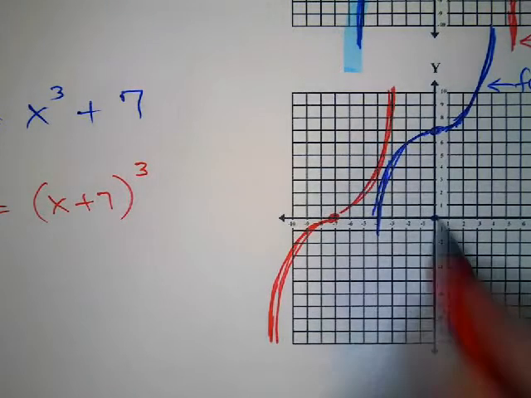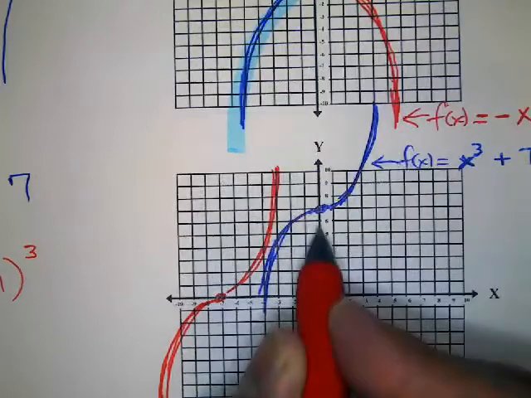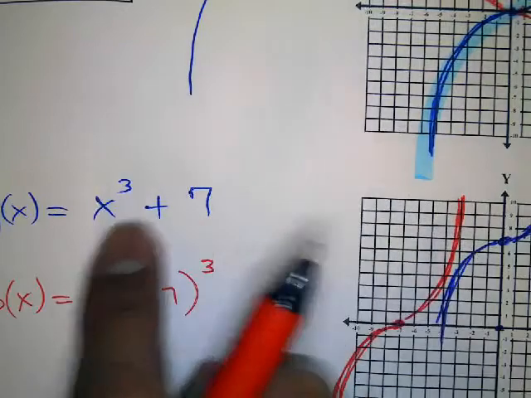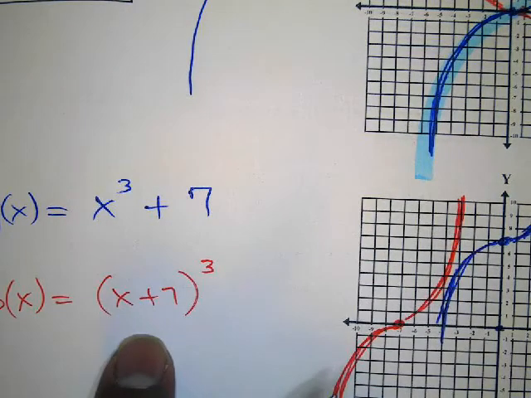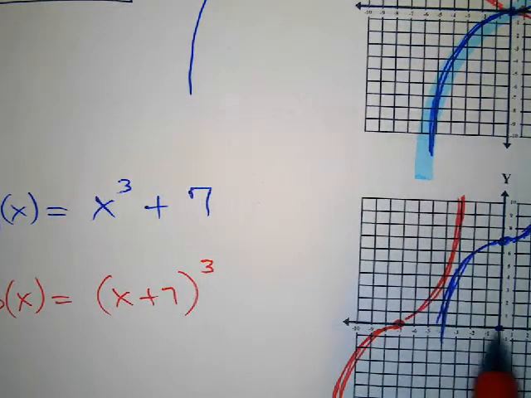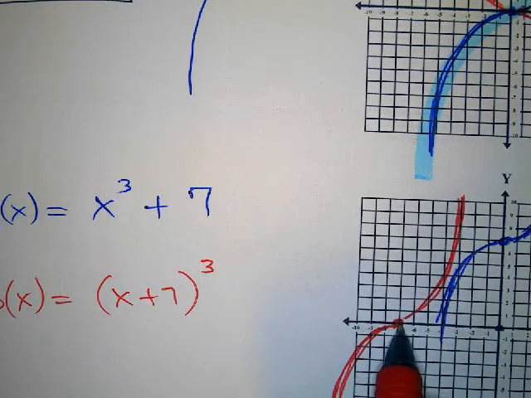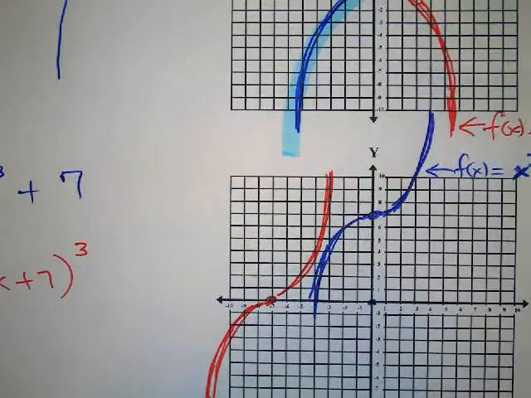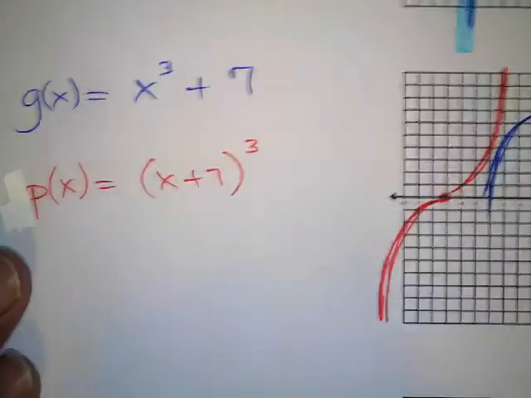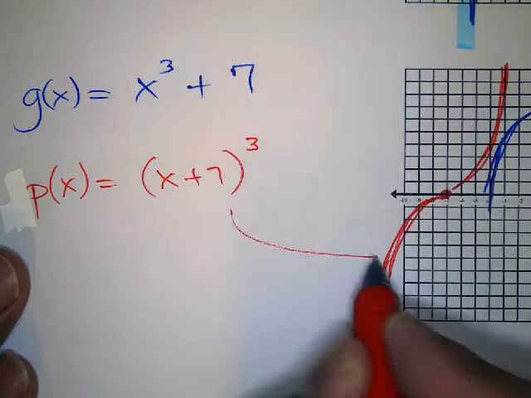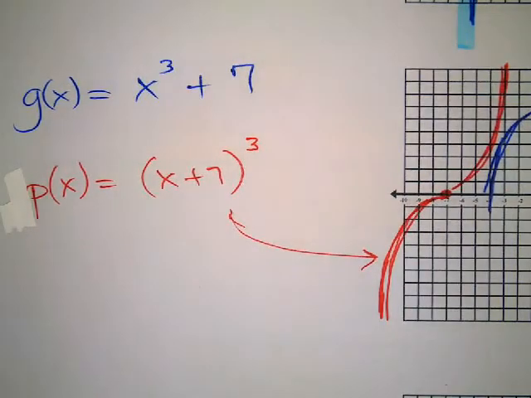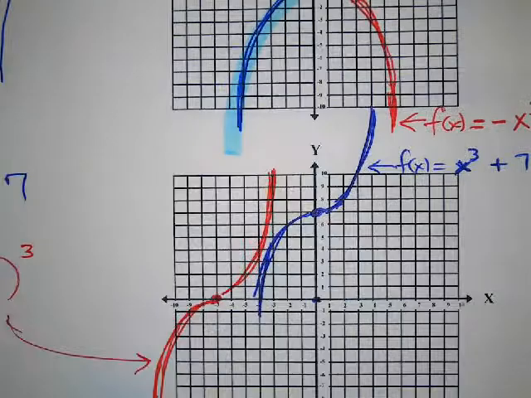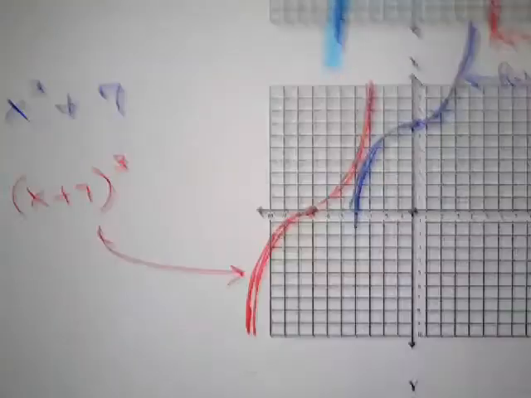Right? Because you're moving this vertex. Remember, you're moving that. Well, this one just went up 7. Right? I get the x cubed, move it up 7. This one that's inside, it's horizontal. So that means it went opposite. You didn't go to positive 7, you went to negative 7, and then that's it. Okay, so that is this one here. And the blue one, well, is that blue one over here.